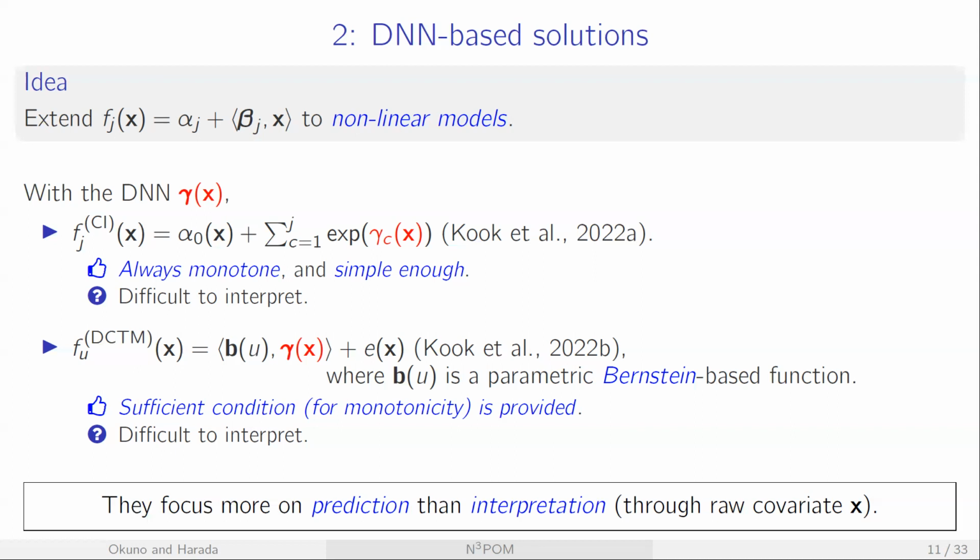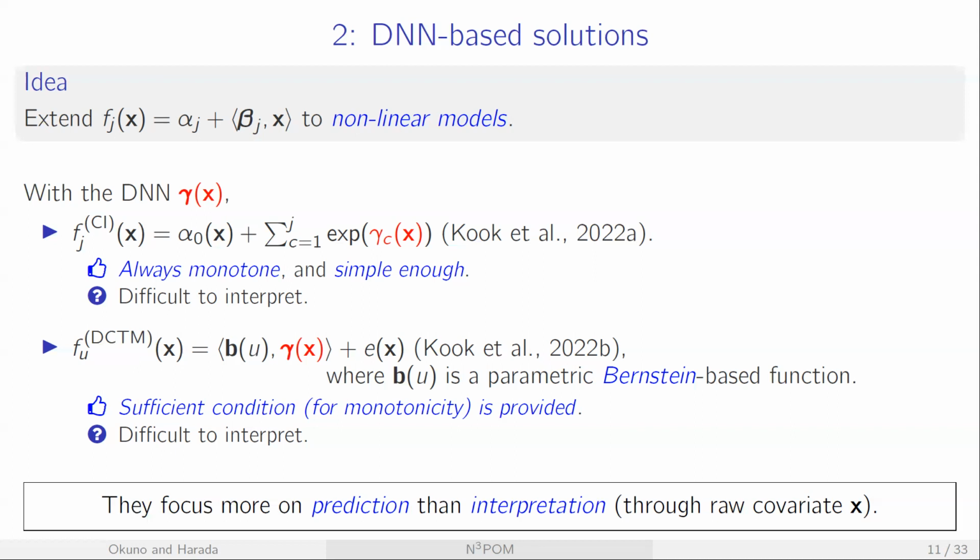This model is designed for the prediction of the cumulative probability. We cannot interpret the interaction between the covariate x and its response by using this model. Okay, and another model is called the DCTM model. Actually, this model is a bit complicated. In this model, the coefficients of the linear model are defined by Bernstein-based functions, and DCTM computes the inner product between the coefficient B and the deep neural network output gamma(x).